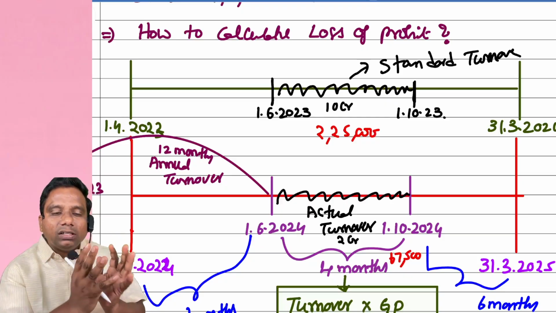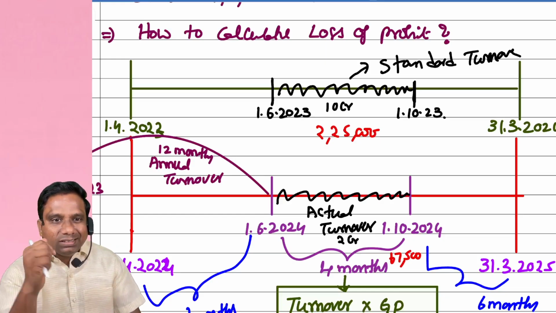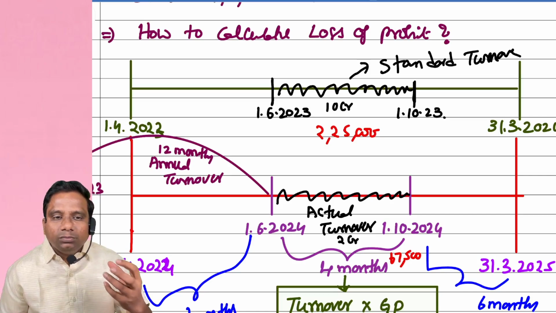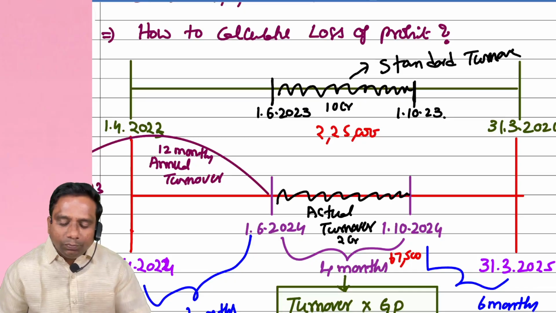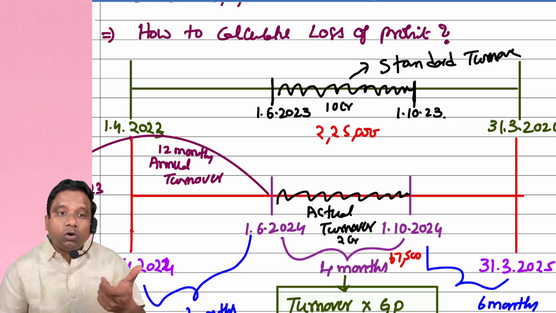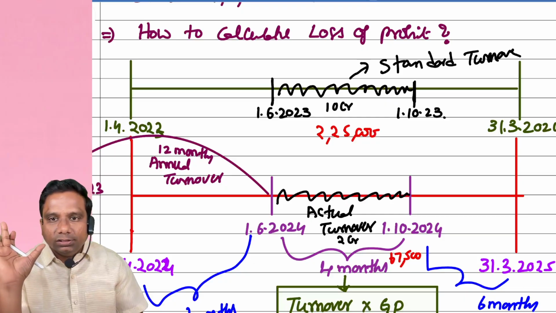Because there are some businesses which are seasonal businesses. Seasonal businesses means, in the hot summer, the demand for some products is more compared to winter season or monsoon season.